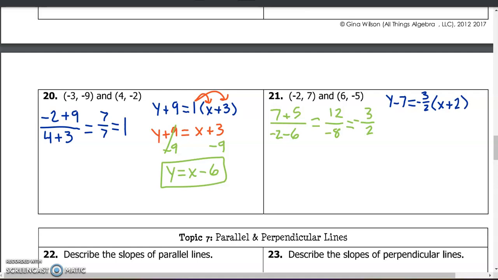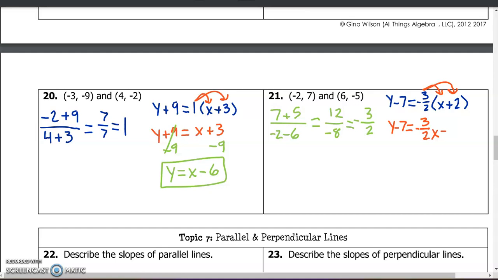Then I need to distribute this negative 3 over 2 to each thing inside the parentheses. So I'm going to bring down my y minus 7, because that's not going to change yet, equals, so I got negative 3 over 2x, and then negative 3 over 2 times 2, well, 2 times 3 is 6, so that's 6 over 2, or negative 6 over 2, I should say.